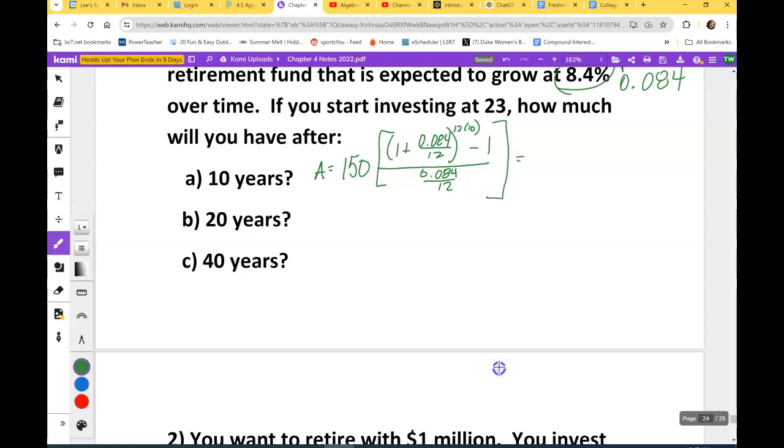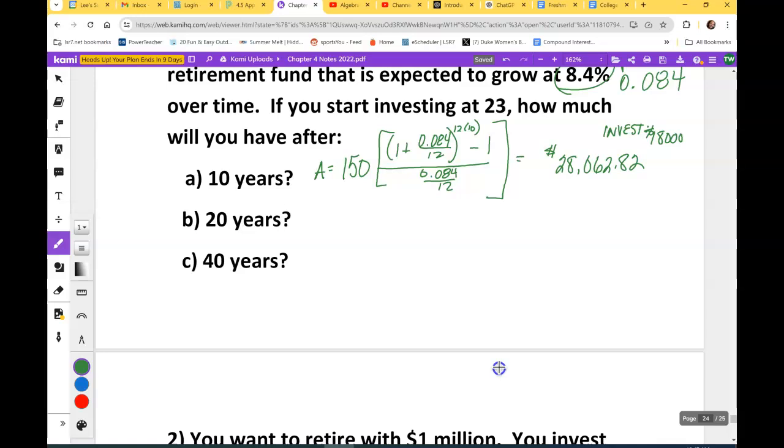So after 10 years, I would have $28,062.82, and I would have invested $18,000.